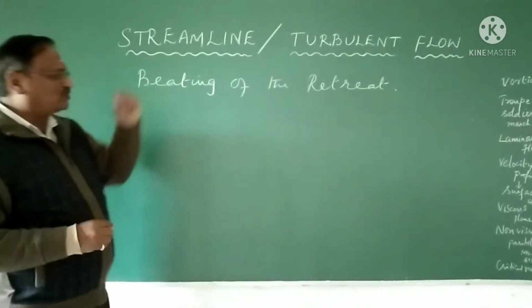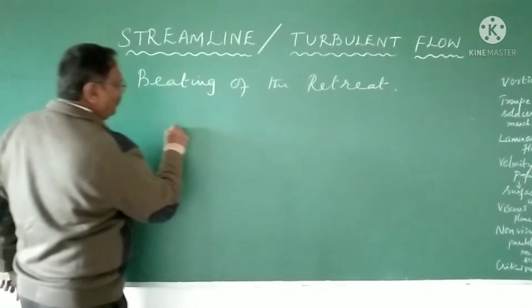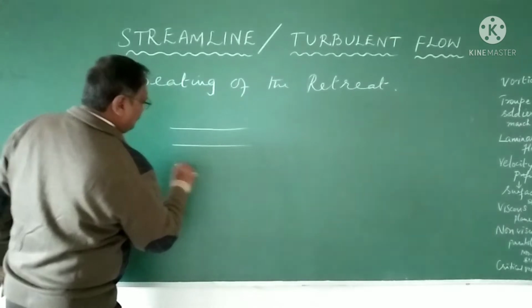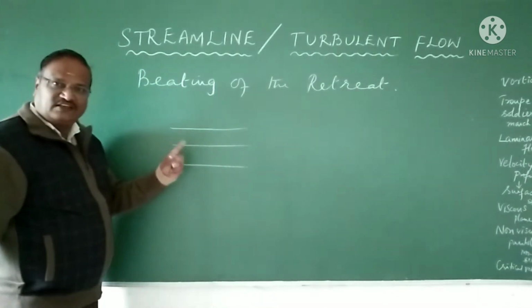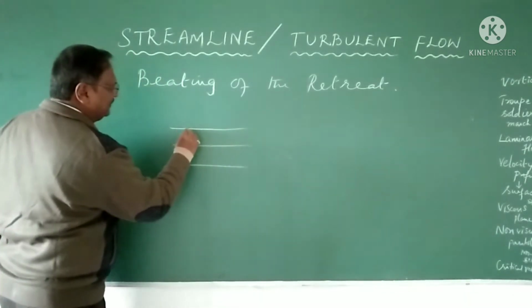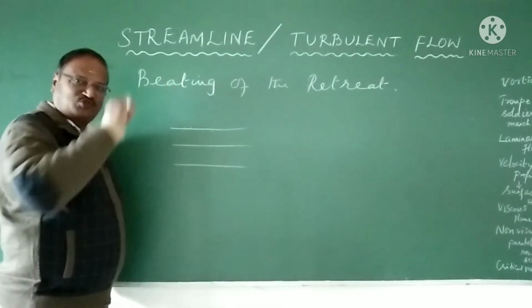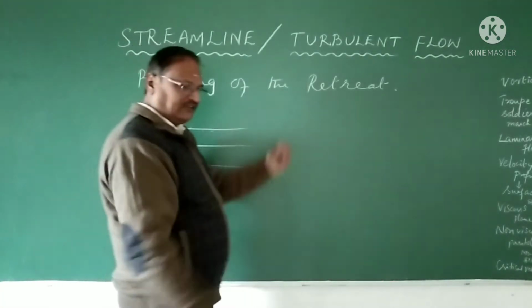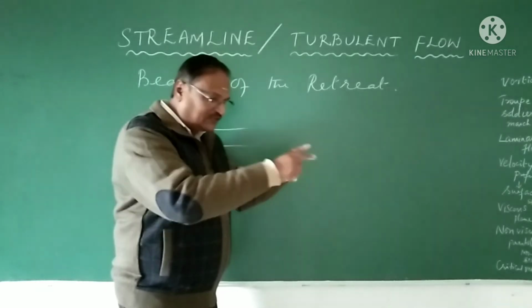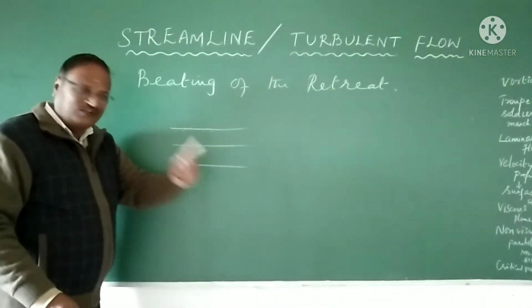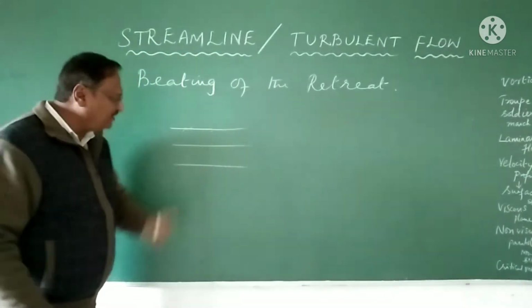When the troop is walking, you'll find that all the troop members, left, right, left, go with the same speed. They go with a particular velocity, a particular march.